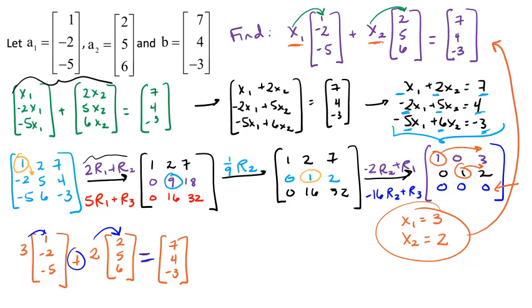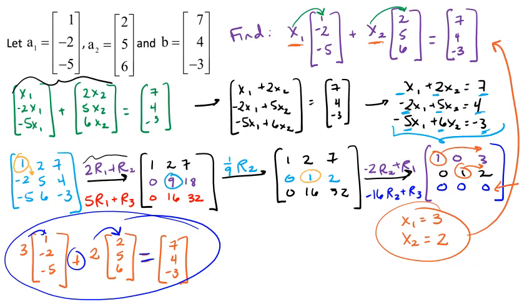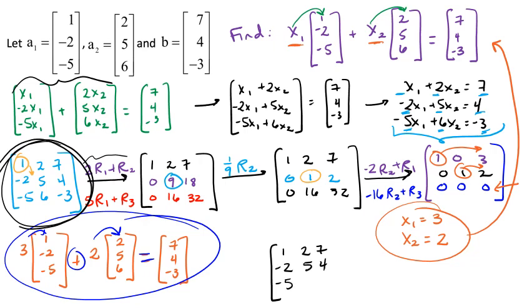So we have solved this question, and we can write B as a linear combination, which is here. I want to come back real quick to this matrix here, the one we started with. I'm just going to rewrite that right here because I want to show you something.